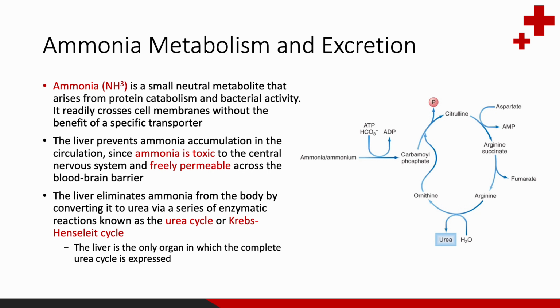The liver is a critical contributor to prevention of ammonia accumulation in the circulation, which is important because ammonia is toxic to the central nervous system and freely permeable across the blood-brain barrier. The liver eliminates ammonia from the body by converting it to urea via a series of enzymatic reactions known as the urea cycle or Krebs-Henseleit cycle.